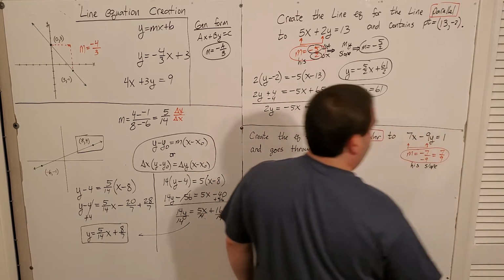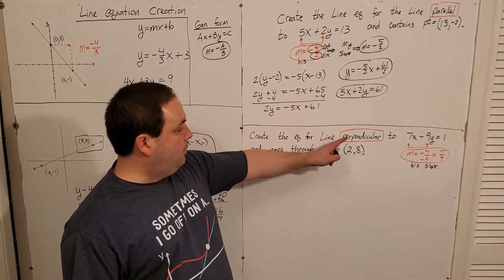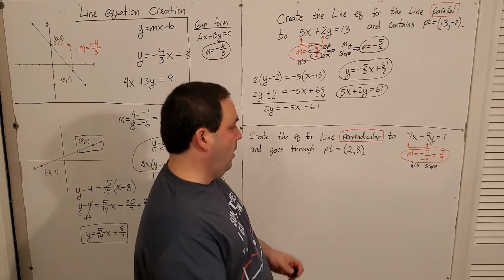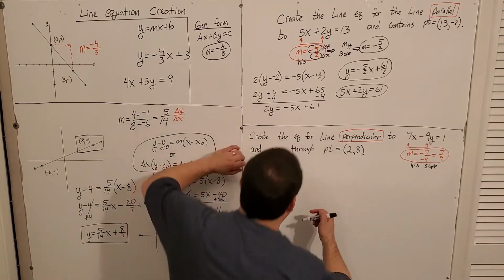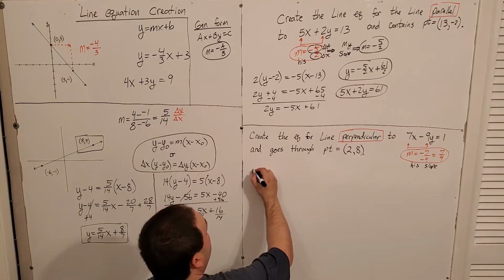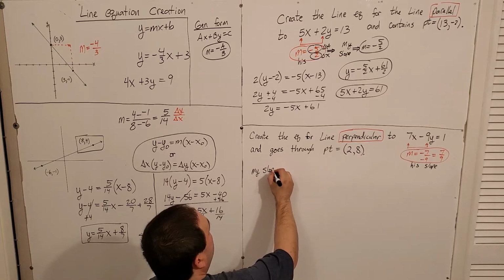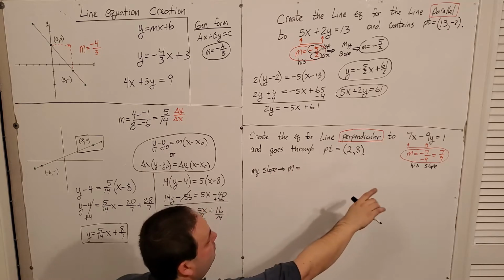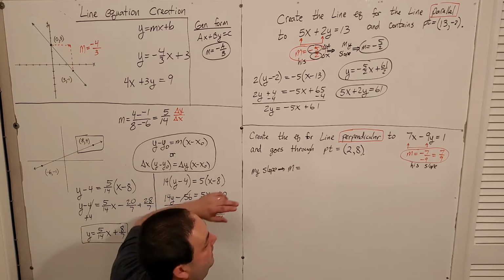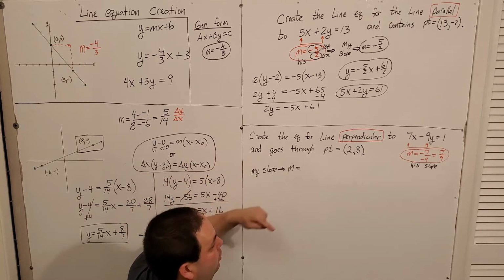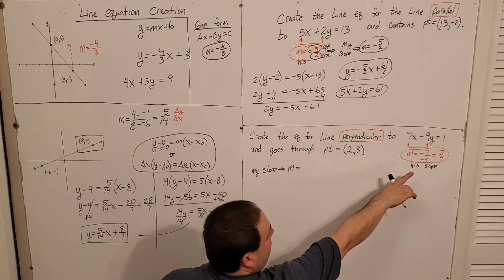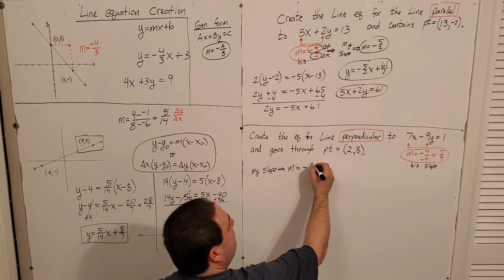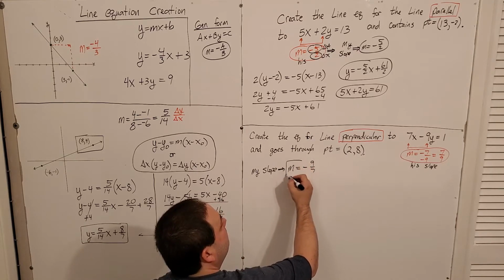Not mine. It says perpendicular this time, right? So my slope is going to be perpendicular, right? Remember, perpendicular is the opposite reciprocal. So he's positive 7/9, so I'm negative 9/7.